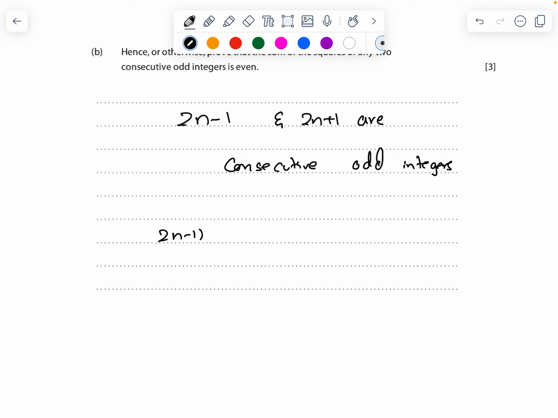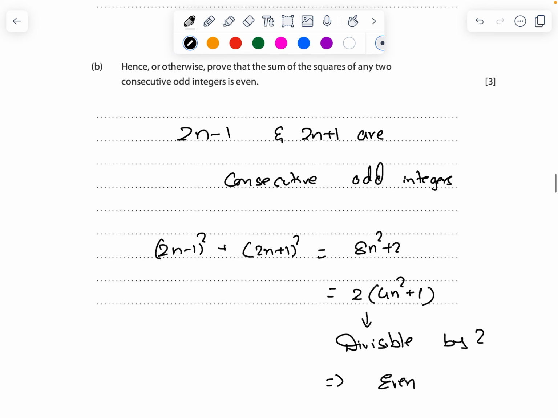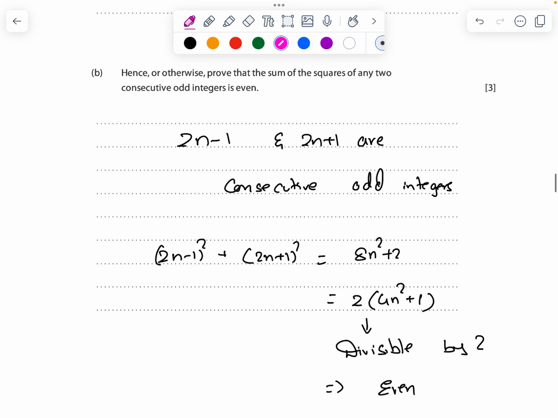So 2n minus 1 whole square plus 2n plus 1 whole square equals, just now we got, 8n square plus 2, which is 2 times 4n square plus 1. So it is divisible by 2. Divisible by 2 means it is an even number. So therefore, I require 3 marks for that. First of all, this is reason, R1 mark. Then this is our accuracy mark, and this is my R1 mark.